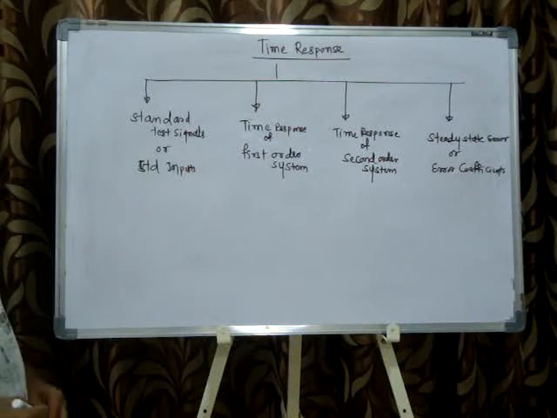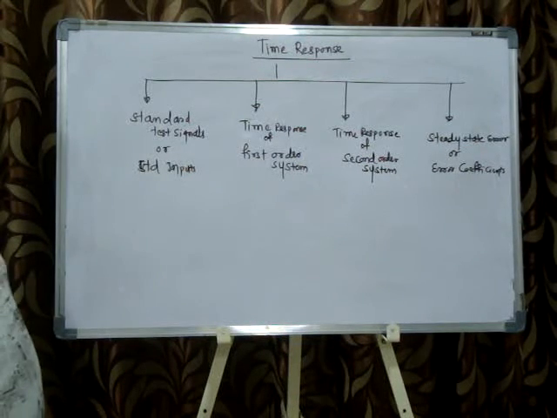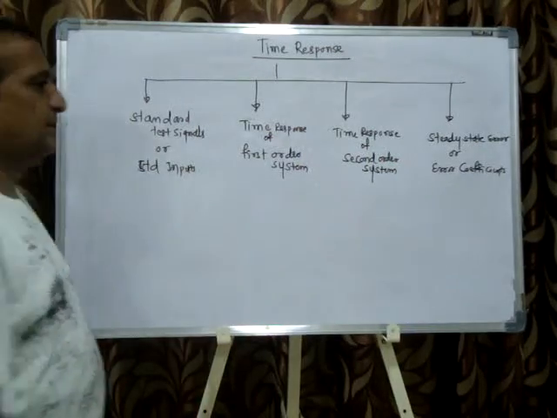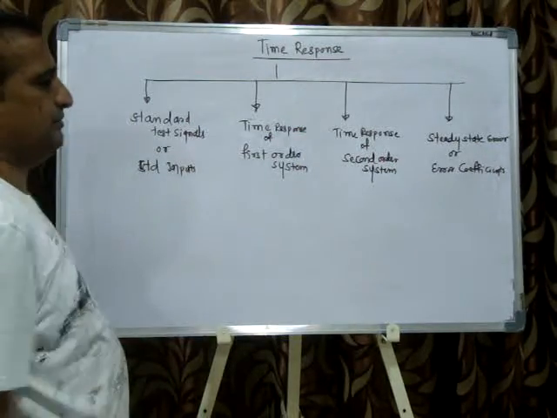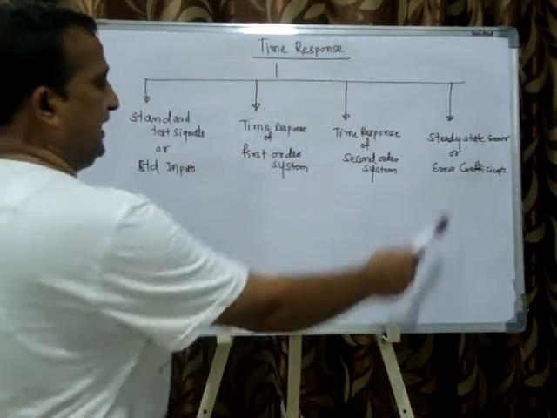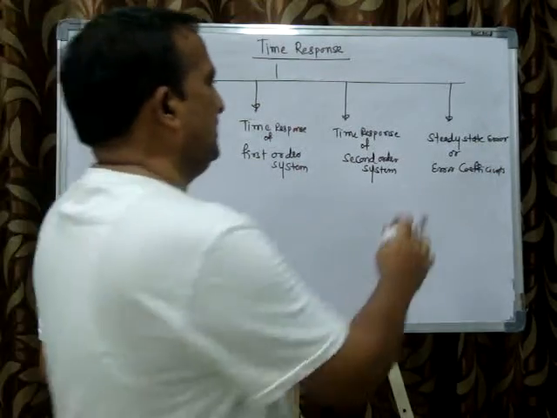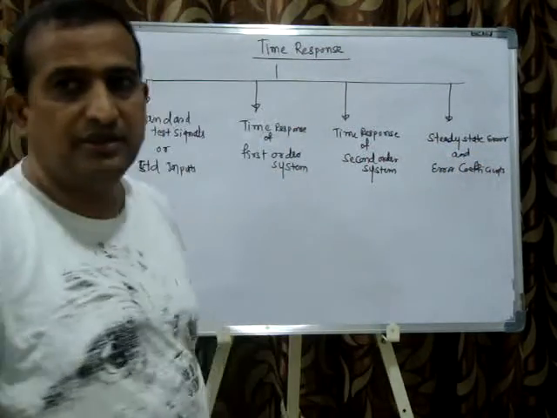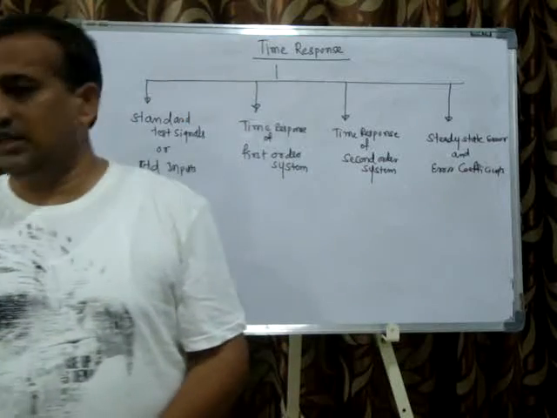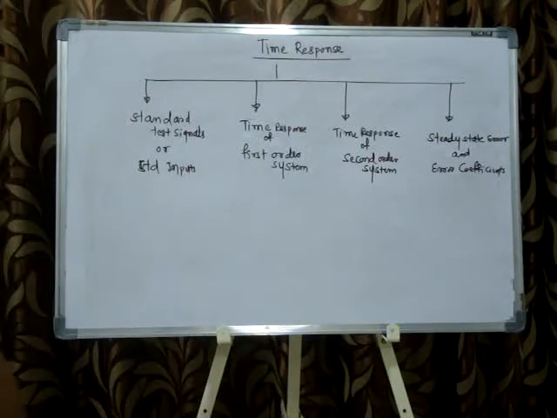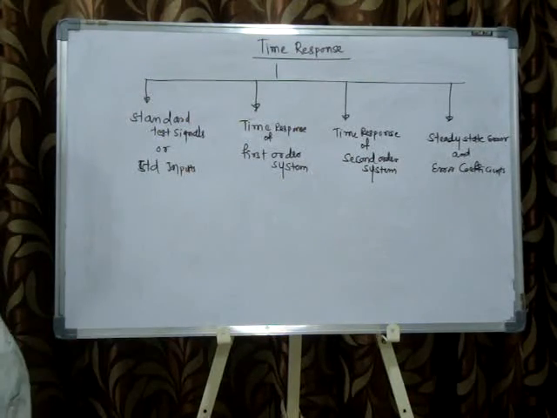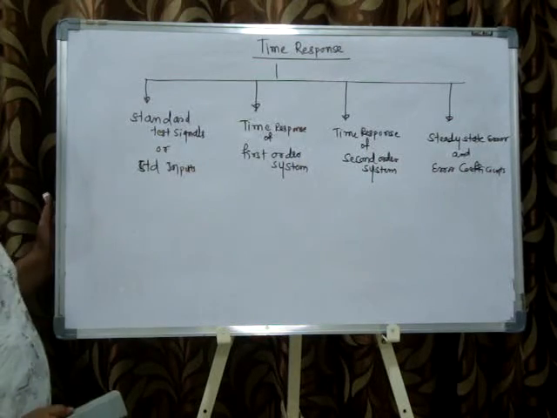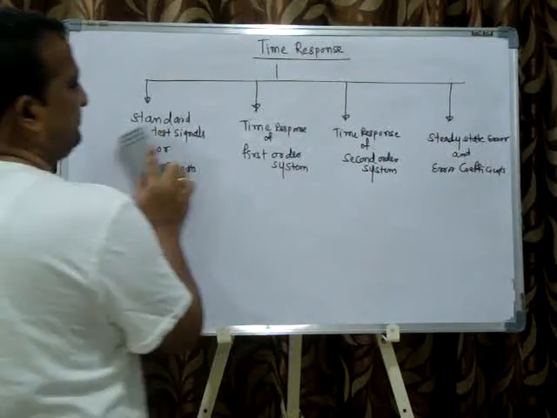There are four parts: standard test signals or standard inputs, time response of first order system, time response of second order system, and steady state error and static error coefficients. Okay. Now we'll see first what are the standard test signals or standard inputs.